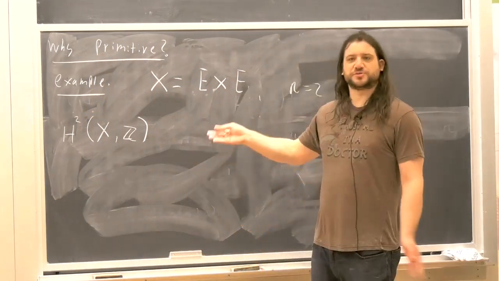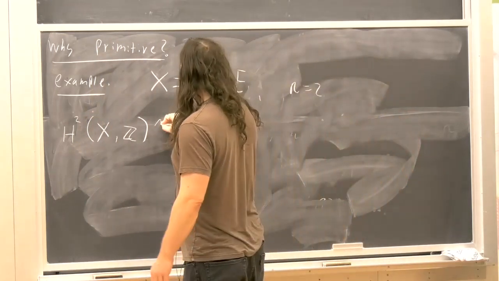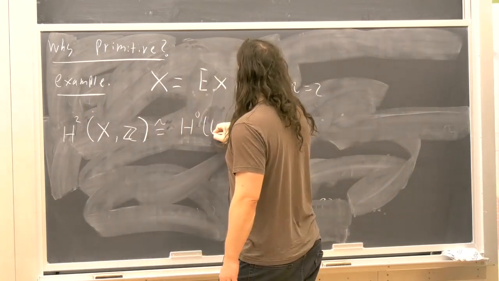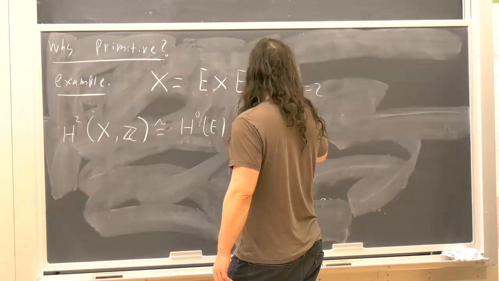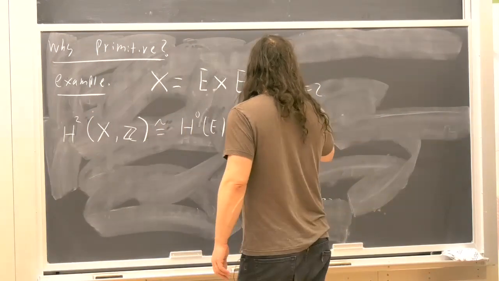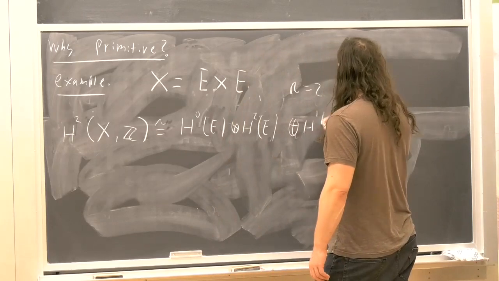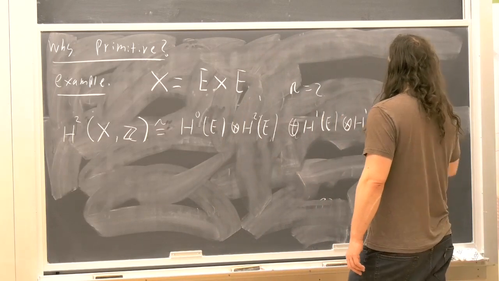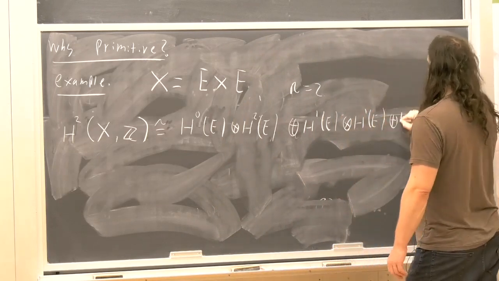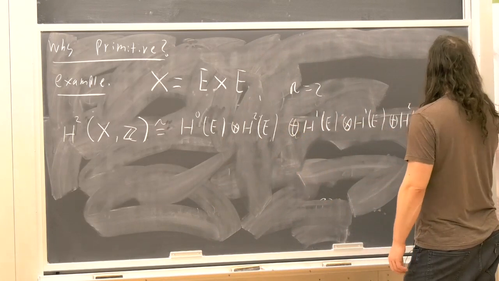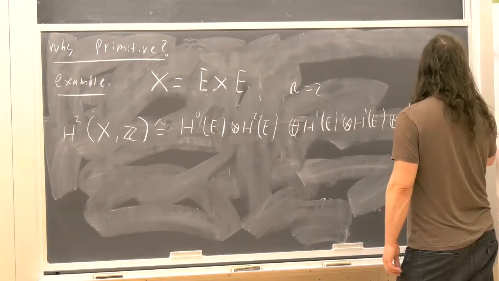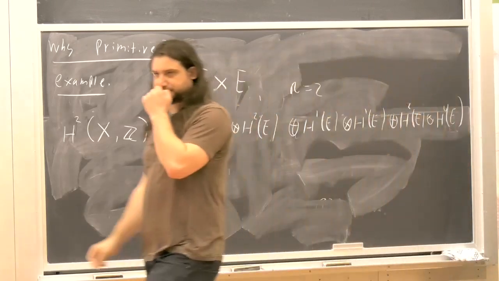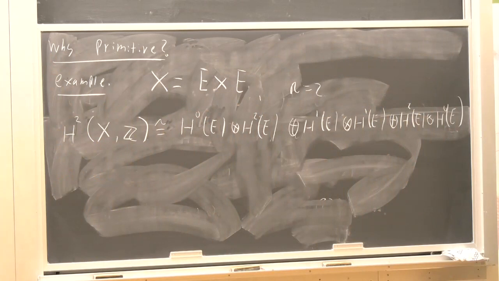We can use Künneth's theorem, which works very well here. So what is it built out of? Well, it's built out of H0 of E tensor H2 of E, plus H1 of E tensor H1 of E, plus H2 of E tensor H0 of E. Right?